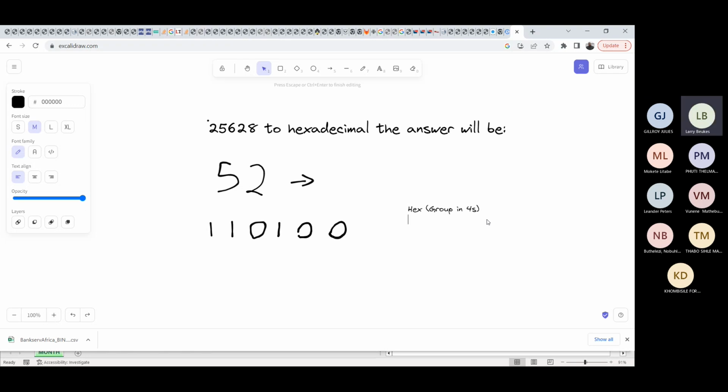Then in octal, you group in 3s. Group in 3s, right? So now this into hex, it was going to be this 4 together, this 4 together, right? So this is 1, 2.